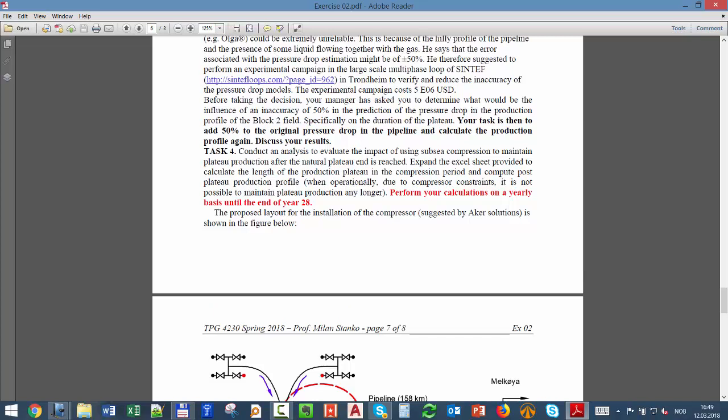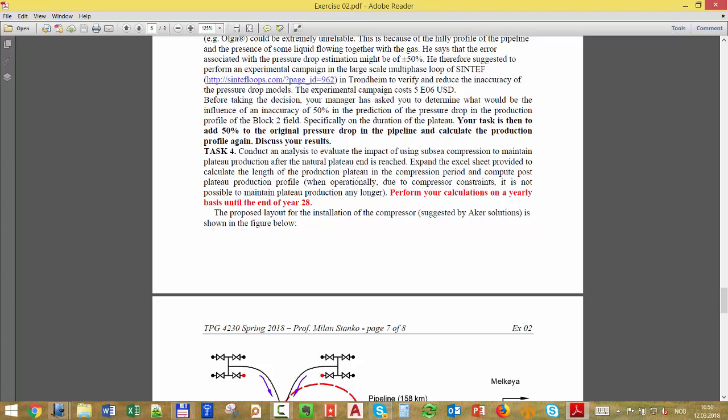It says you have to evaluate the use of subsea compression to maintain plateau production after natural production is reached. Expand the Excel sheet provided to calculate the length of the production plateau in the compression period and compute the post-plateau production profile.